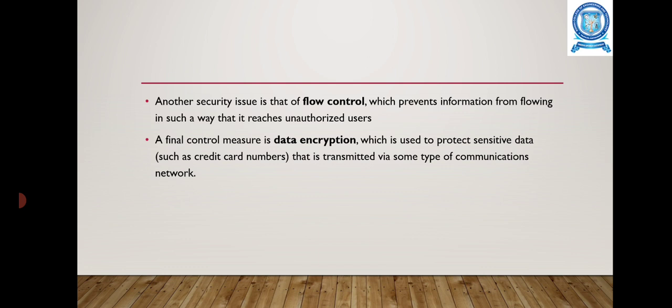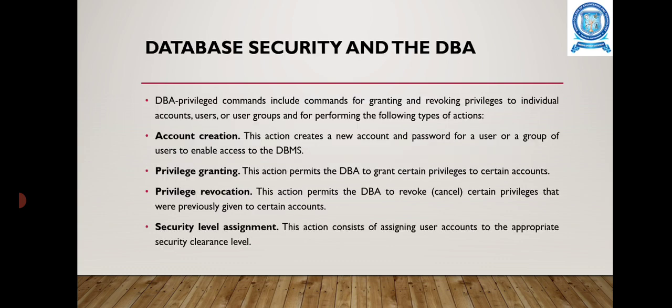Another security is flow control, which prevents information from flowing in such a way that it reaches unauthorized users. A final control measure is data encryption, which is used to protect sensitive data that is transmitted via some type of communication network.